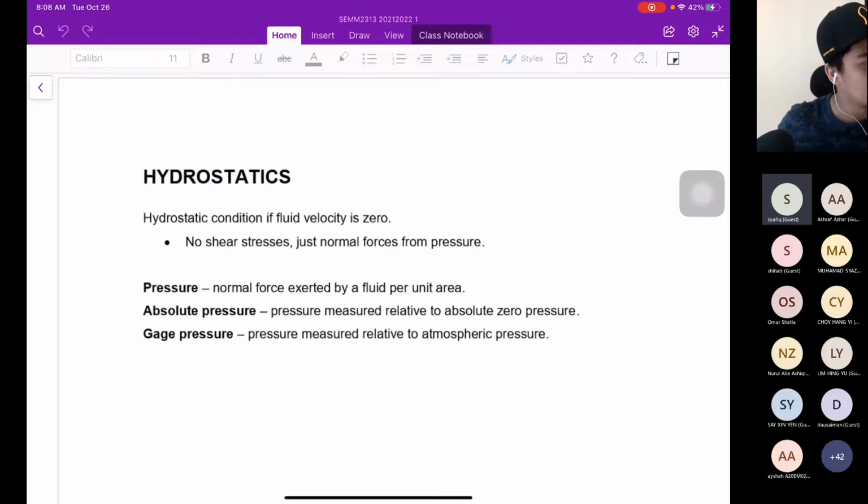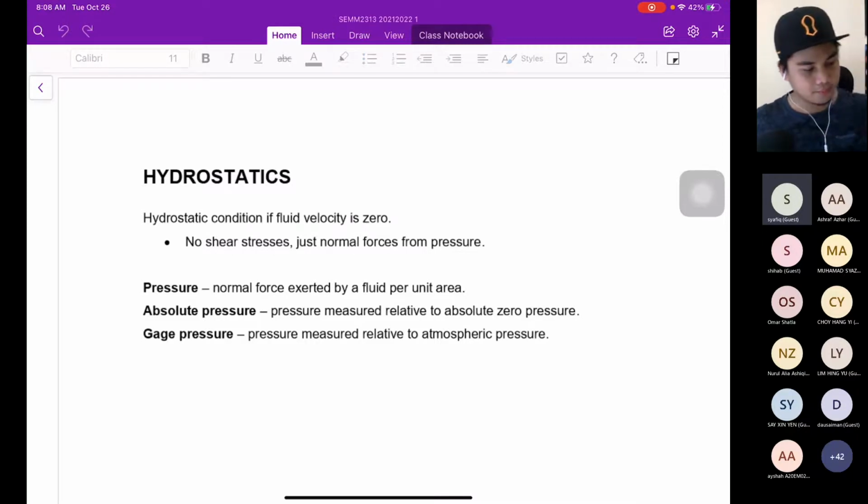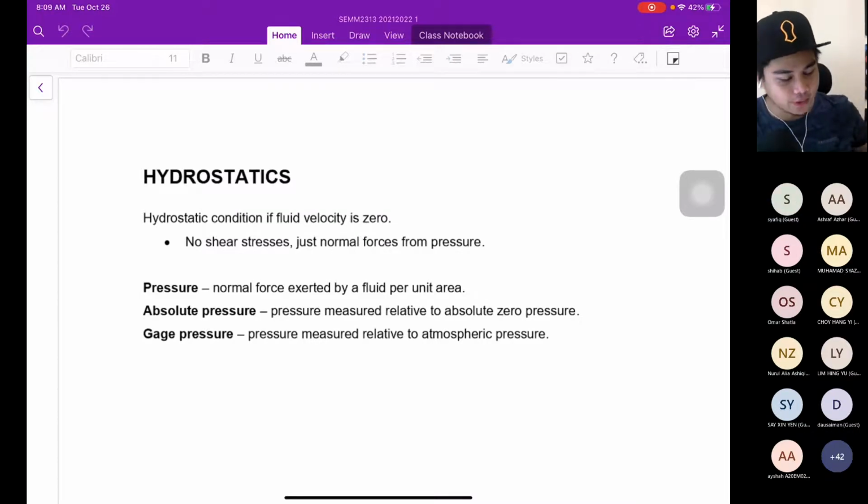Force exerted by fluid on a surface or... Basically, hydrostatic means hydro. What is hydro? Hydro means water. Okay. Static means not moving. So that means this is the condition where water is not moving.